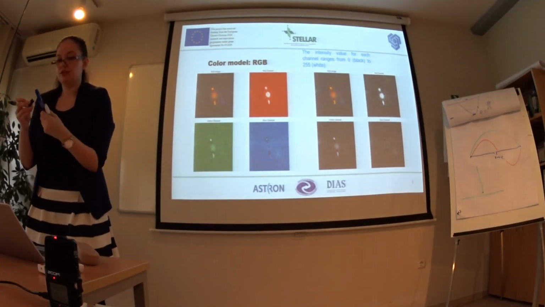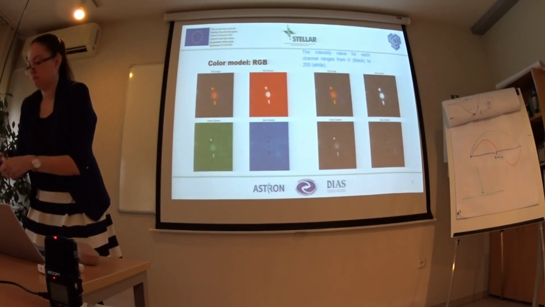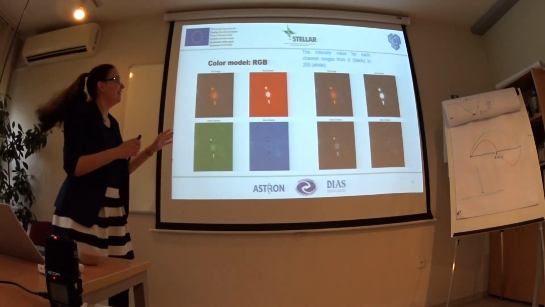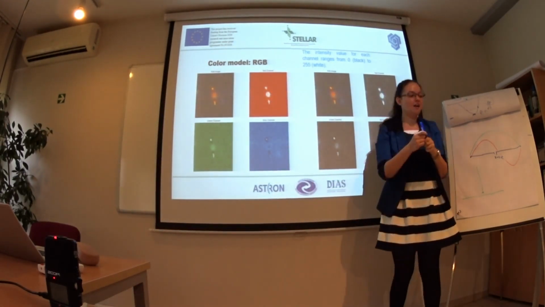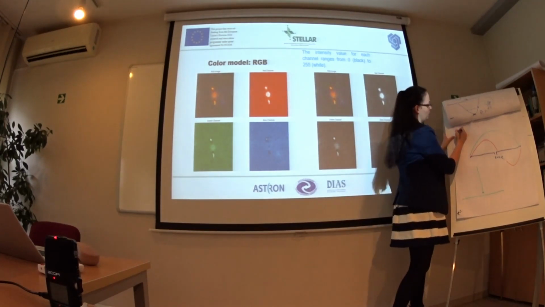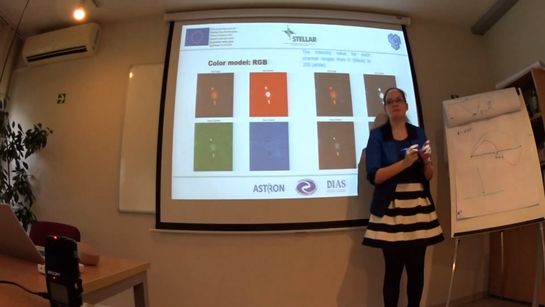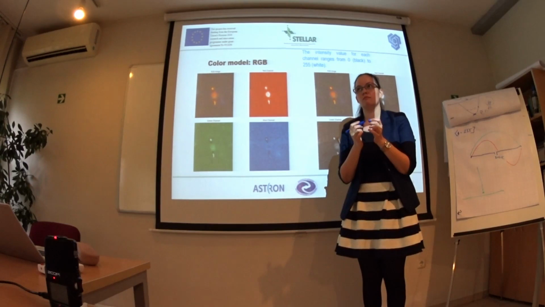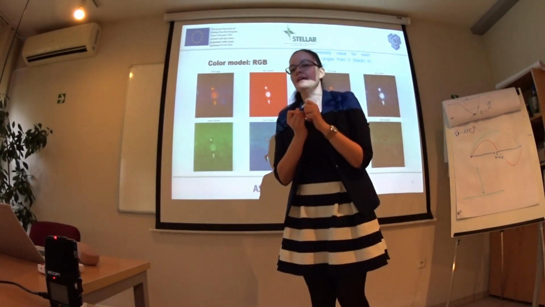I colored them in three different colors, but actually they are only one, and it's gray. They have values from 0 to 255, inclusive. So this is the luminosity, the intensity of the picture.